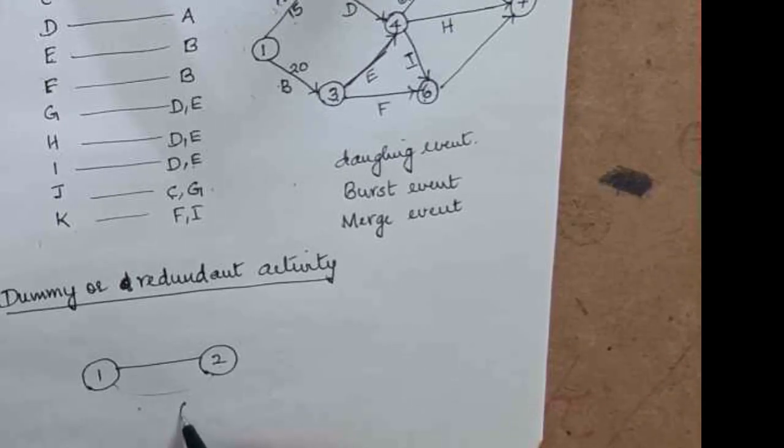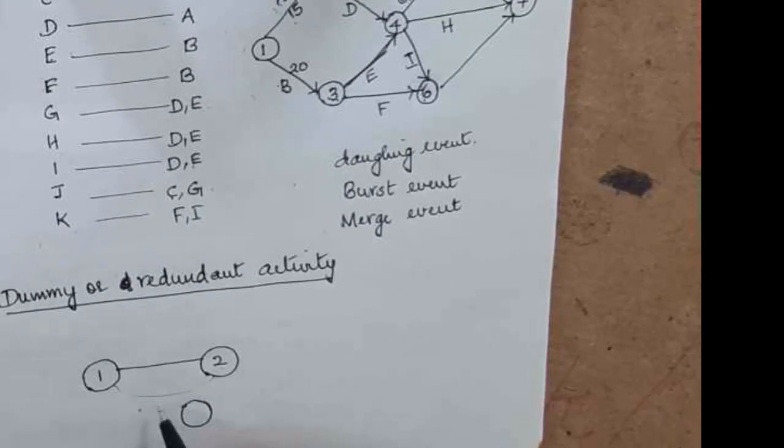So what you do is you use a dummy event where it goes to this one and then from here it goes to the second one. So you can represent like this. This is a dummy activity.